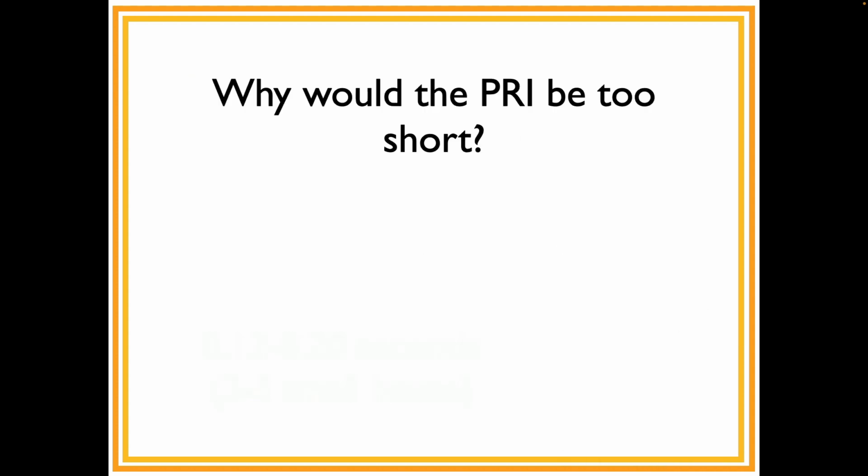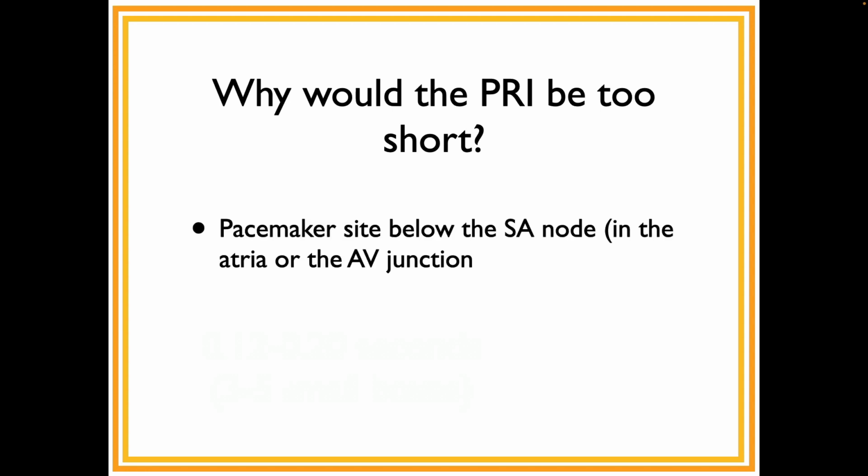Now, just for right now, why would a PR interval be too short? One is if the pacemaker... In a healthy heart, Cody, where is the pacemaker? The SA node. Correct, okay. But let's say, for whatever reason, we don't know why at this point, doesn't matter.